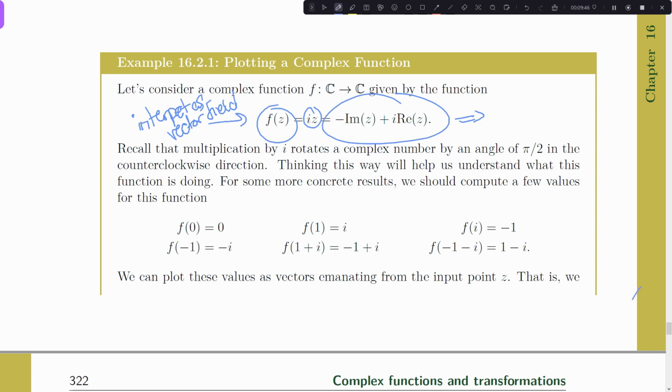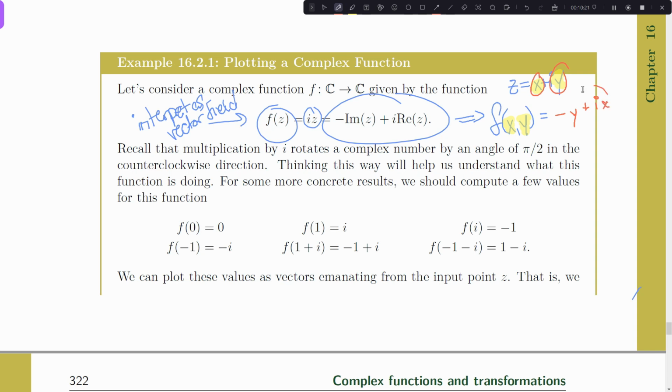If we let z equal x plus I y, then really it's f of x and y, and the imaginary part of z is right there, so it's really negative y, and then plus I times the real part of z, and what's the real part of z? It's right there, plus ix.